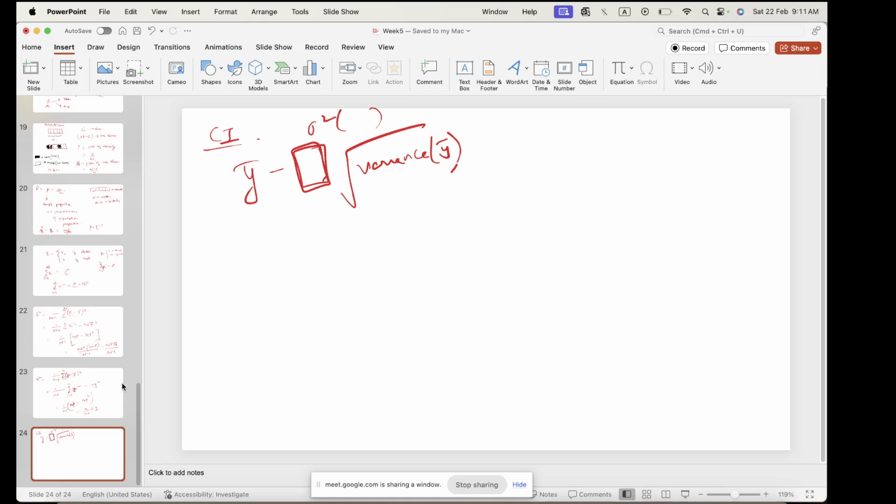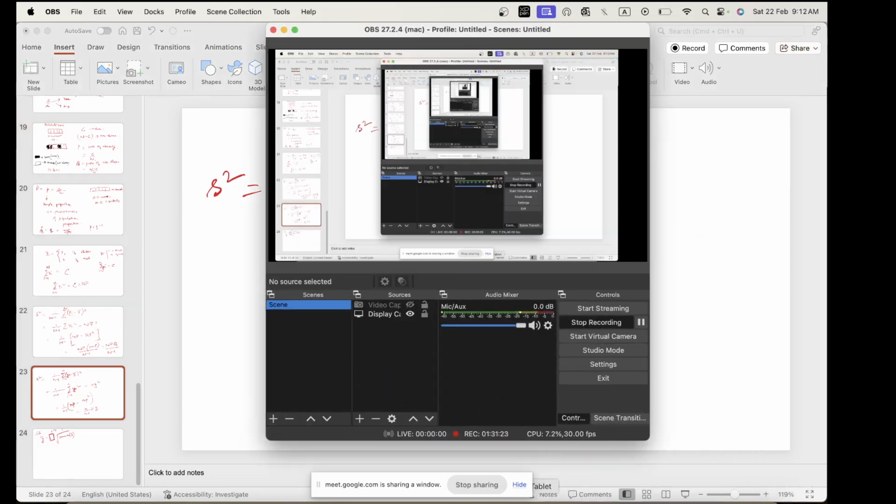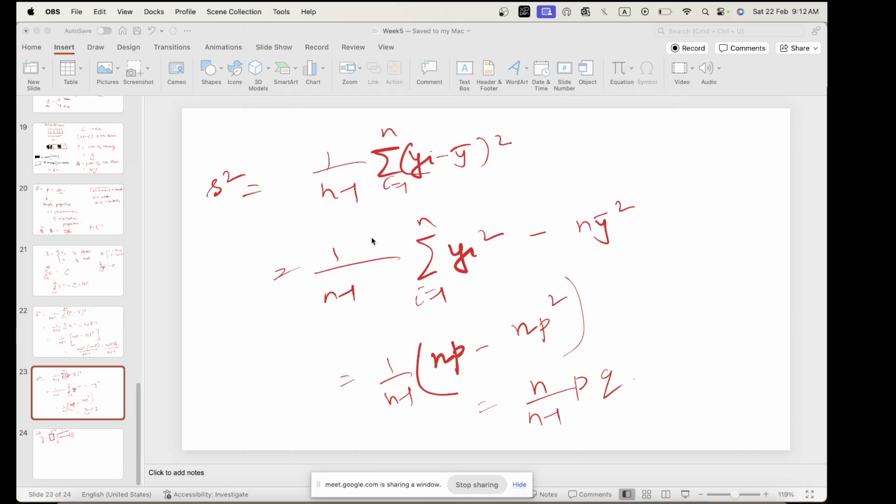And the variance of y bar would be given, if it is with replacement or without replacement accordingly, with the help of this small s square formula. Is that okay?